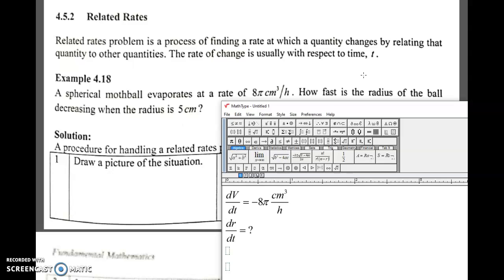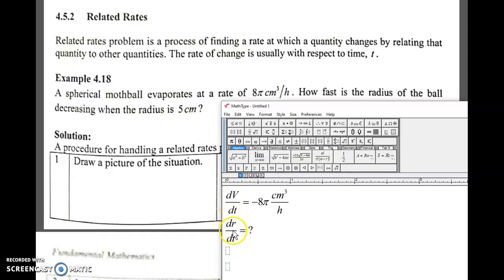Alright, this is your answer. If I ask you this kind of question, how fast do you go? So the same goes for this one. How fast is the ball decreasing? You will give the scale that is being used for this ball, the measurement of this ball, which is centimeter, and the radius, right? The radius over the time, right? For how long?